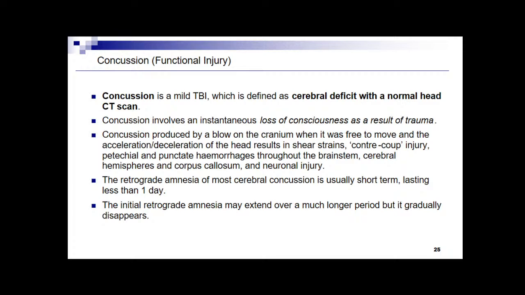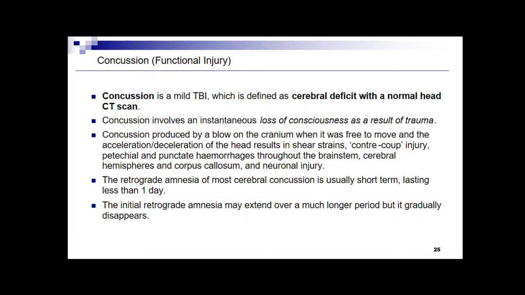Concussion is produced by a blow on the cranium when it was free to move, and the acceleration and deceleration of the head results in shear strains, contrecoup injury, petechial and punctate hemorrhages through the brainstem, cerebral hemispheres and corpus callosum, and neuronal injury. So the degree of head injury is minimal, and the patient can recover completely.